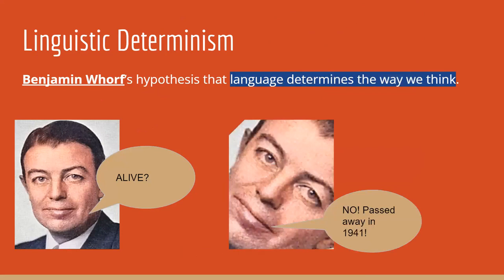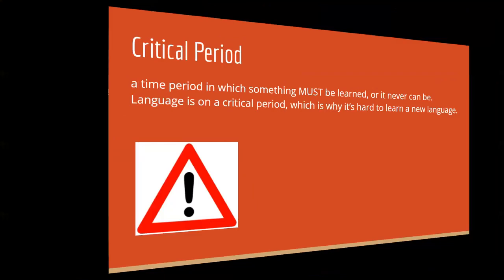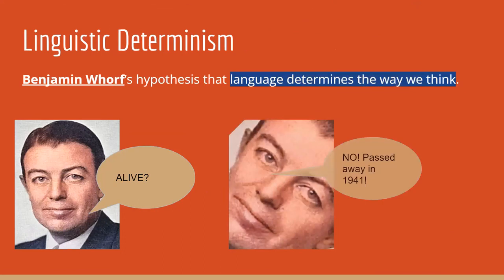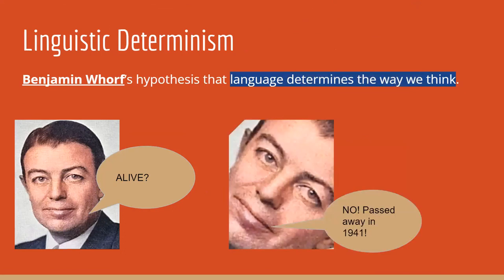But remember the other guy down here, Noam Chomsky, very much disagrees with this guy. This guy is saying that language changes the way we think. That other guy was like, doesn't matter what language you speak, it's the same. So that's what you got to know. These two guys did not agree, but were not around at the same time.